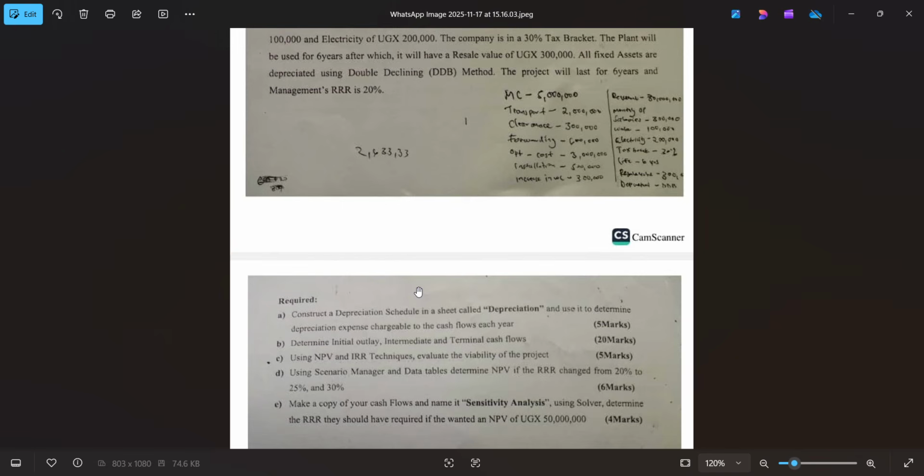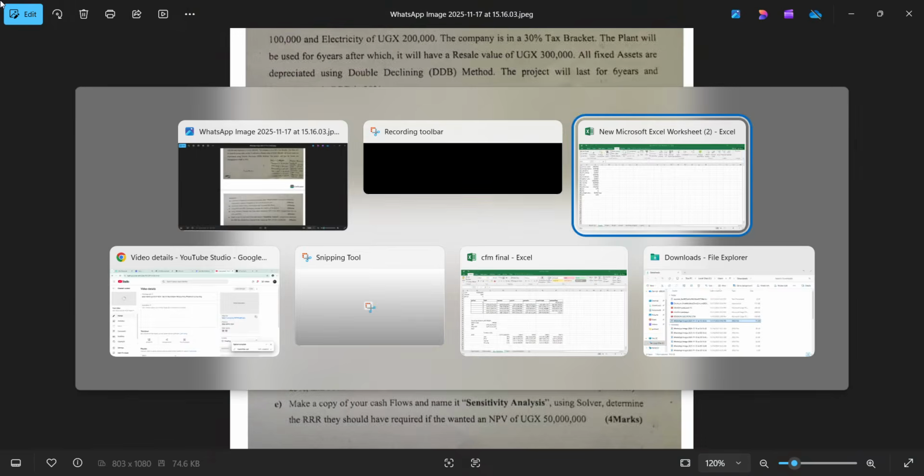Aside from that, for such questions, even if the question doesn't ask you to construct a depreciation schedule first, the first thing you must always do is get the initial outlay and the depreciable value before you get the depreciation. So let's go to our Excel.